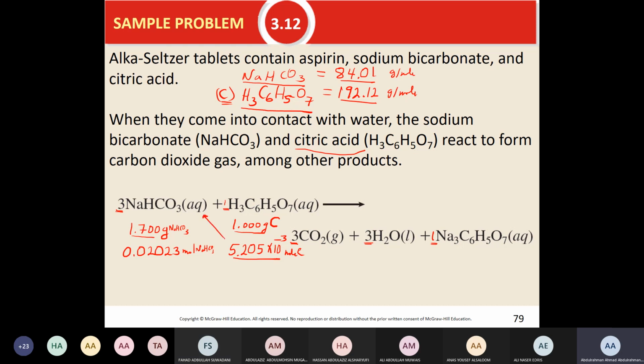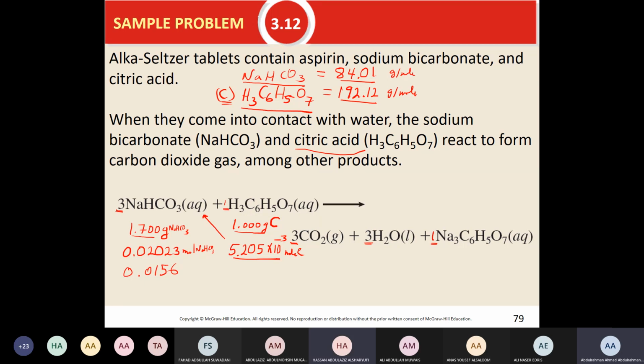Now I multiply this number by 3. What's the answer? 0.0156. Anybody got the same answer?